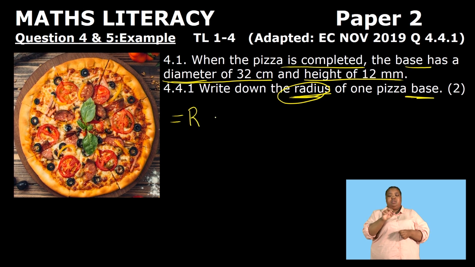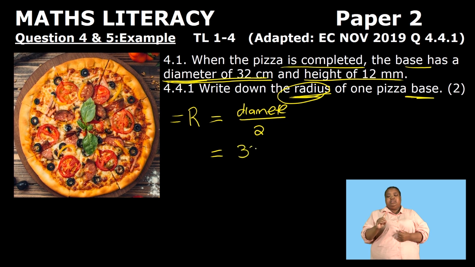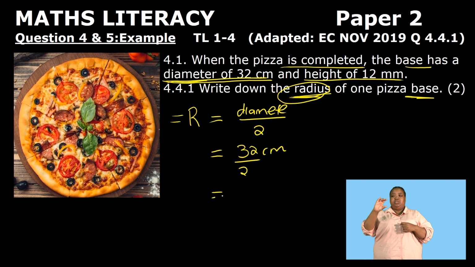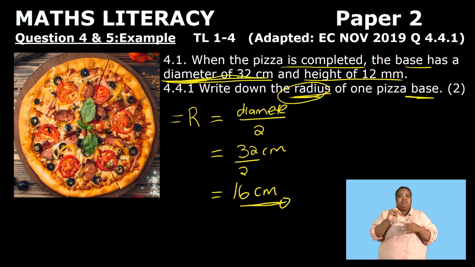So for a radius, we could use a formula that says diameter divided by 2. We are given a diameter of 32 centimeters, and this will be divided by 2. So this will give us a radius of 16 centimeters. This will be the half of this diameter.